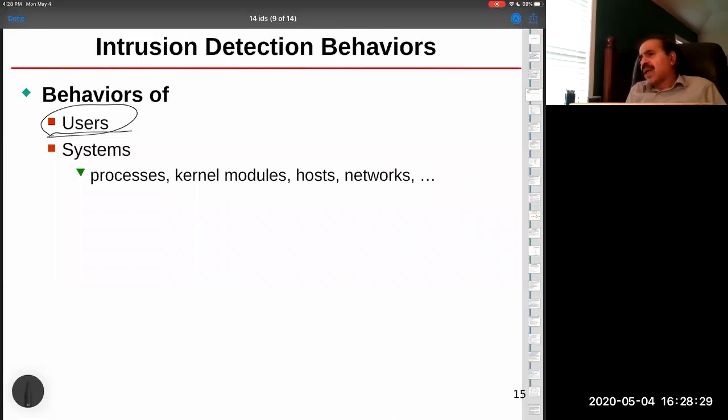Therefore the attacker is usually one of the users that already has access on the system, and therefore the focus was on identifying users that are behaving in unusual ways.